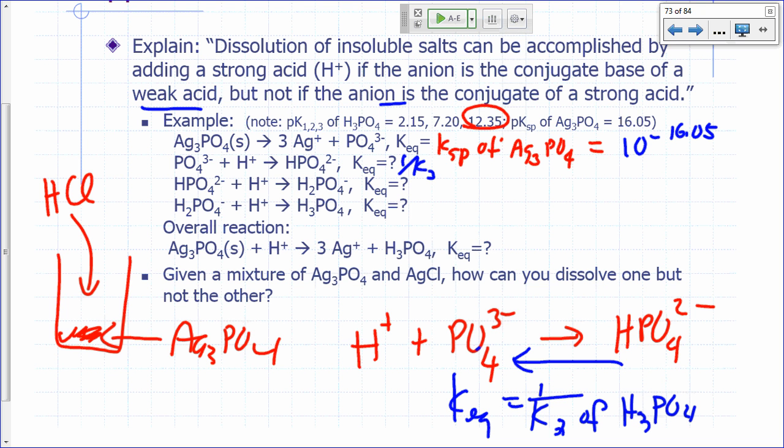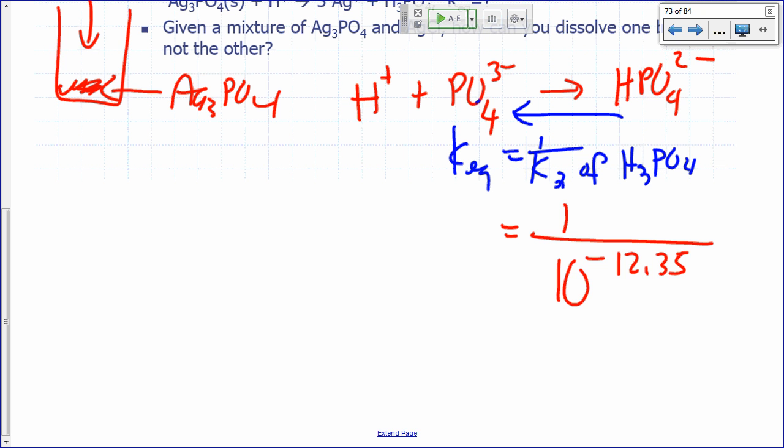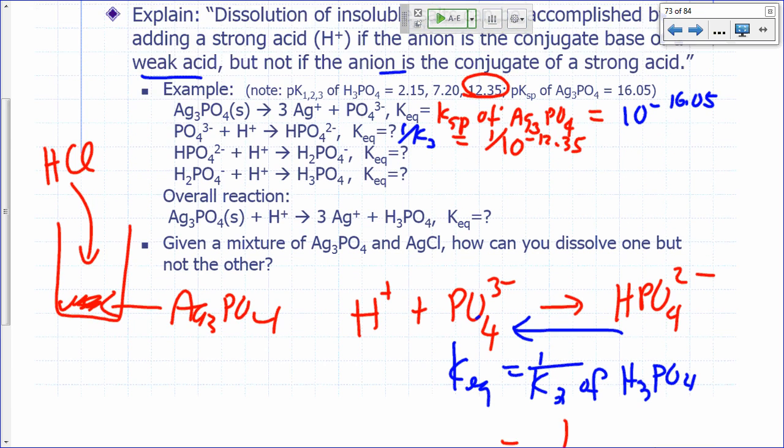So the KEQ for this would be 1 over 10 to the negative 12.35. K3 is 10 to the negative 12.35. You can look up K3 for H3PO4, you'll find it's 12.35.